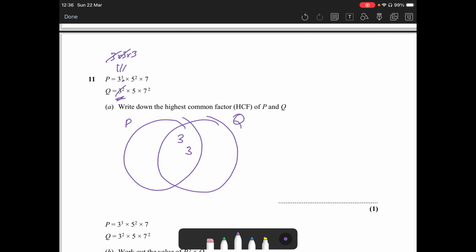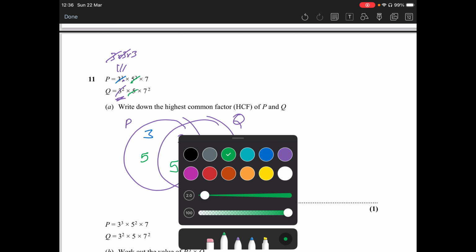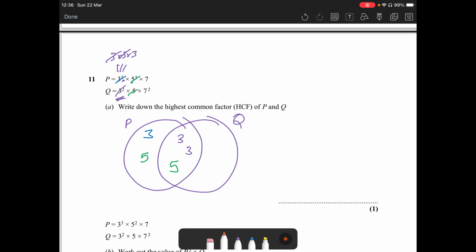So you could write 2 3's there to represent that. However, P will have an extra sort of 3 in it. Likewise for the 5's. So they both share a 5, but Q has an extra 1. Oh, no, sorry, P has an extra 1 as well. And as far as 7 is concerned, you've got a 7 in common, but Q has an extra 7.